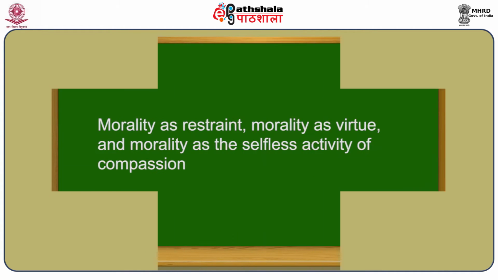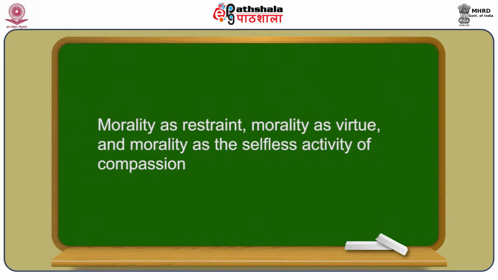Mahayana scholars identified three categories of Sheel: morality as restraint, morality as virtue, and morality as the selfless activity of compassion. What is restraint? Morality as restraint points to control in oneself from doing, thinking, or speaking anything that would be harmful to oneself and even to others.